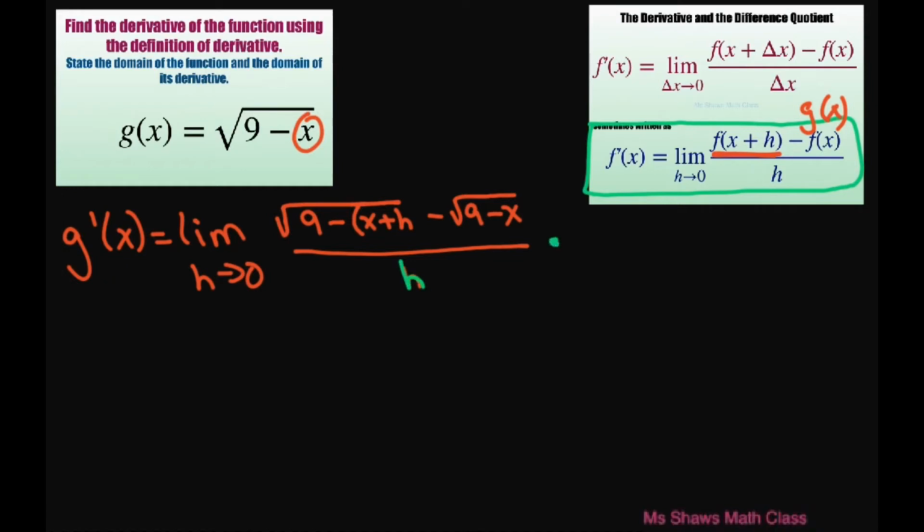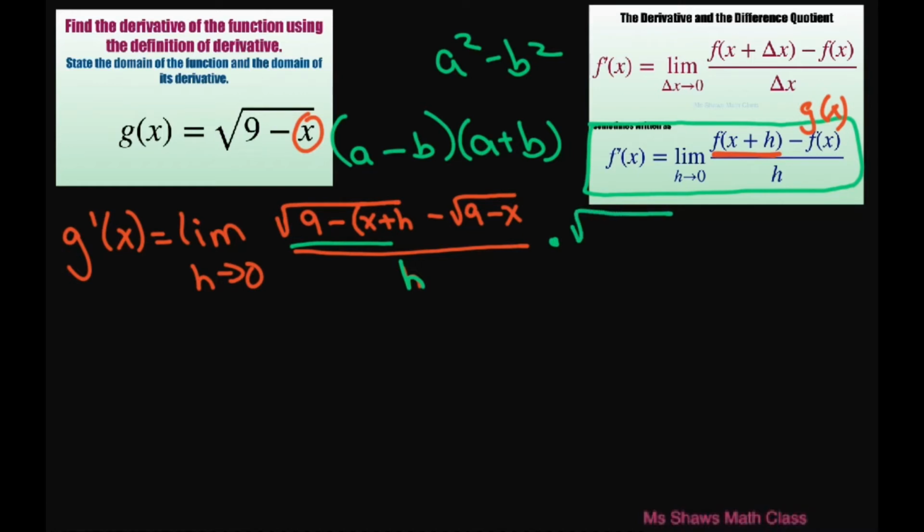Now from here, the problem is this h in the denominator. So what we're going to do is multiply the numerator and the denominator by the conjugate. And what that means is, this is going to be like my a minus b part, and I'm going to have my a plus b part, so I can get a squared minus b squared. So basically we're just multiplying by the same thing, but change the sign.